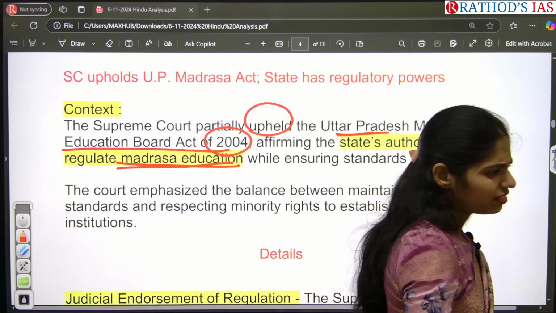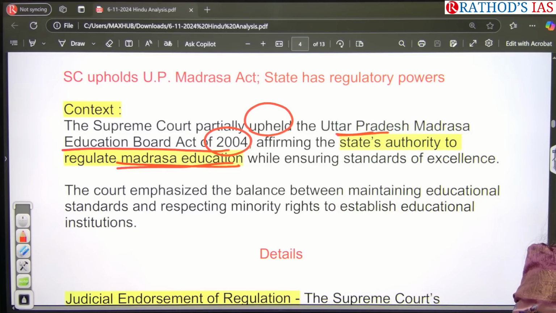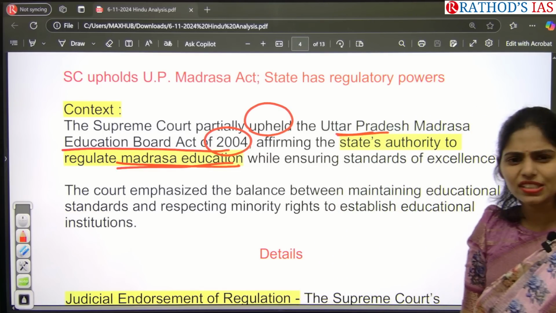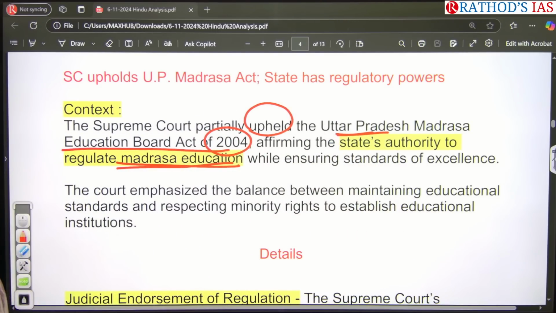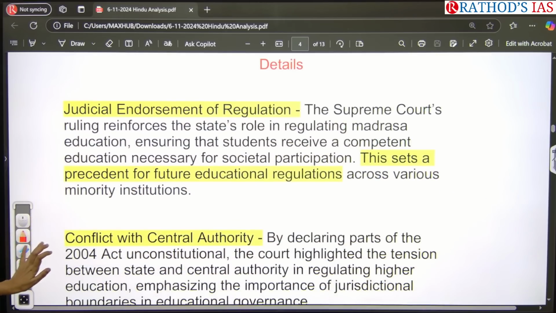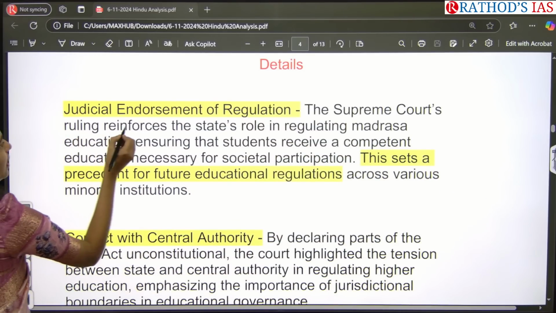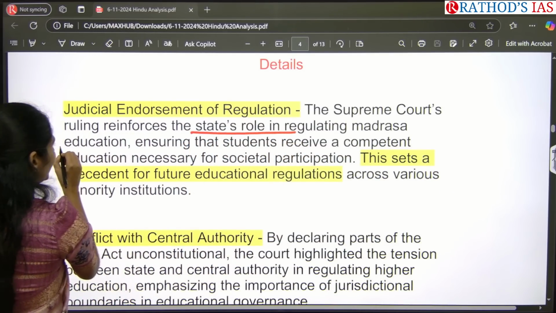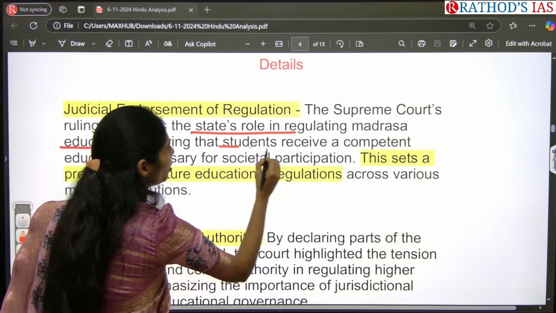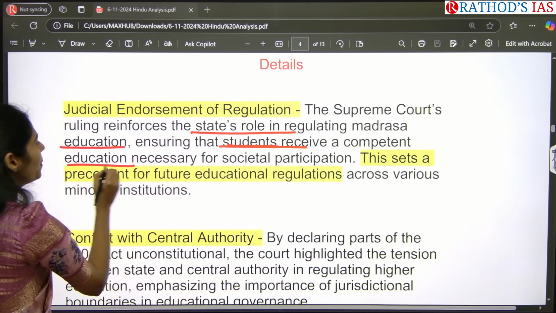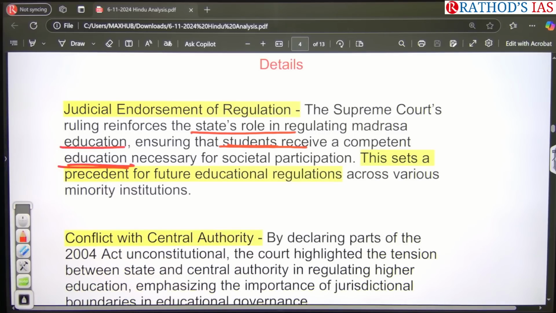I think 15 to 20 days ago we discussed this topic, right? So when exactly did we discuss it? Go back to that article and see some important facts that we discussed there. This article is saying that the state has a role in regulating madrasa education, and it is the responsibility of the state to ensure students receive a competent education, because we have Article 21A.